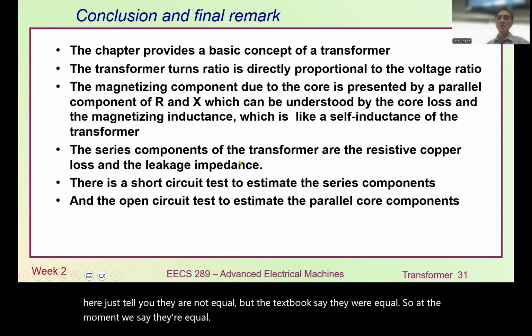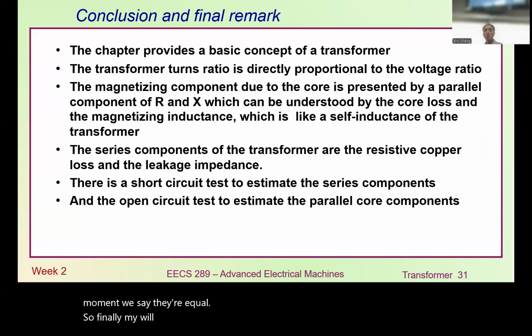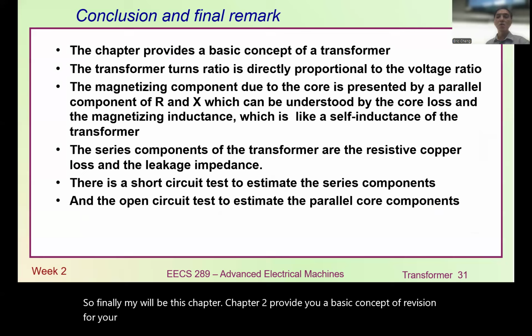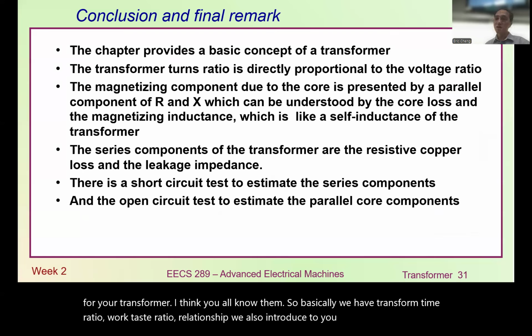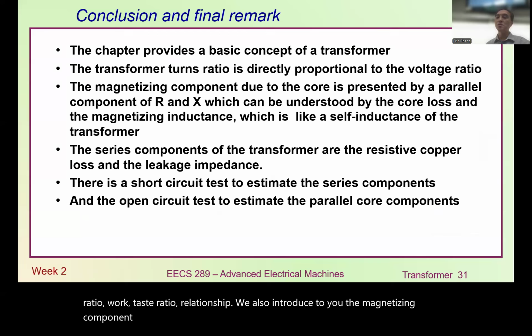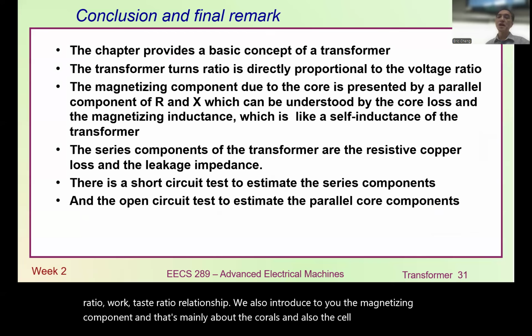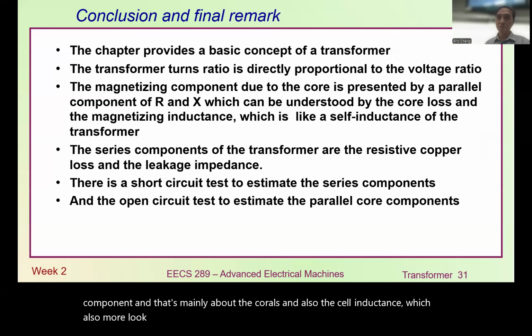So the final remark is that this chapter 2 provides you basic concepts and revision for your transformer. I think you all know that. Basically, we have the transformer turns ratio and voltage ratio relationship. We also introduced the magnetizing component, which is mainly about the core loss and also the cell inductance. The magnetizing inductance XM looks more like the cell inductance of a transformer.